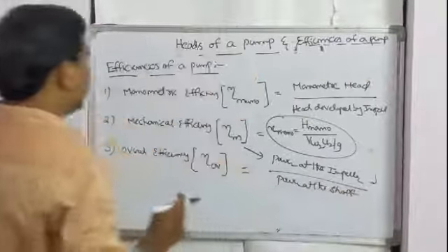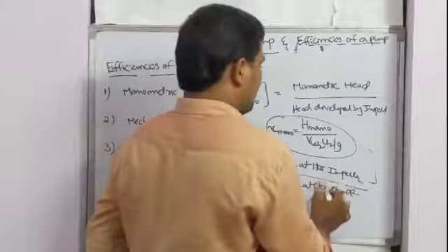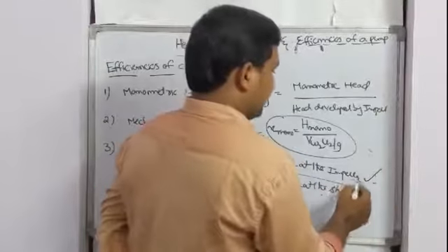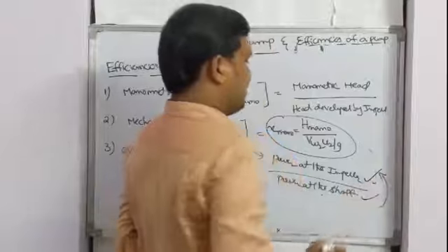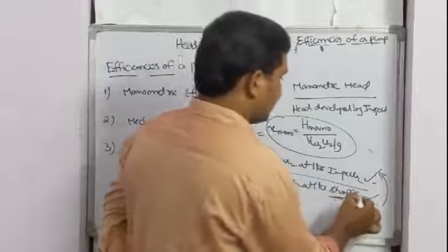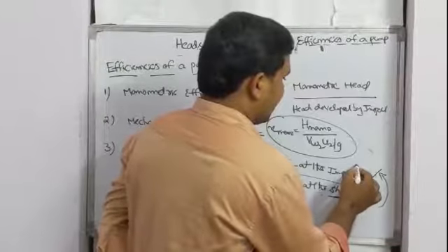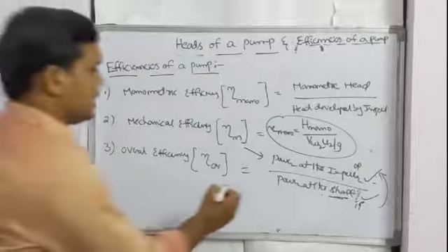Efficiency is nothing but output by input. So the output energy is the impeller power, and the input energy is the shaft power. The shaft power is converted to the impeller power. That's why shaft power is the input energy, and impeller power is the output energy. So output by input is called efficiency.